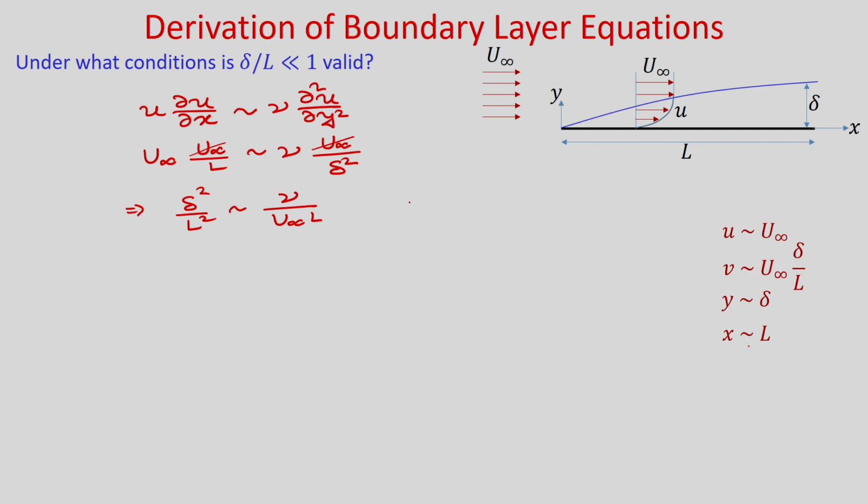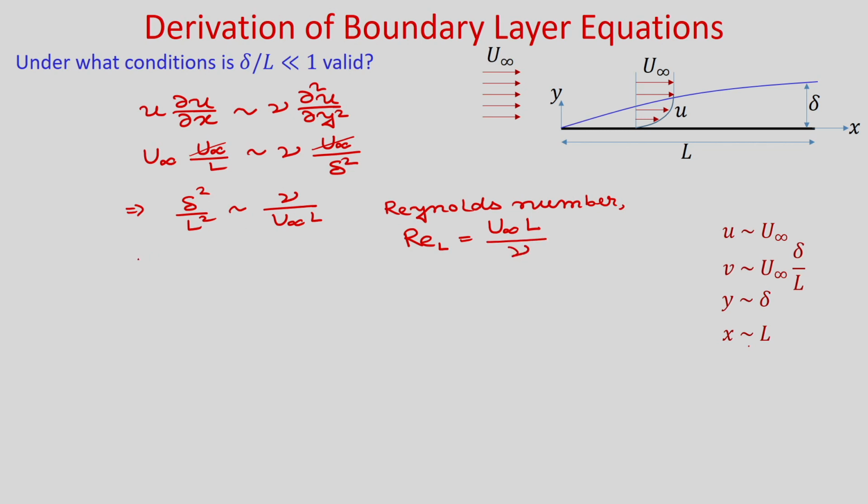Now if we define the Reynolds number, which is the ratio of inertia force to viscous force, the Reynolds number Re based on L is the free stream velocity u infinity times the characteristic length L, which is the length of the plate, divided by the kinematic viscosity nu.